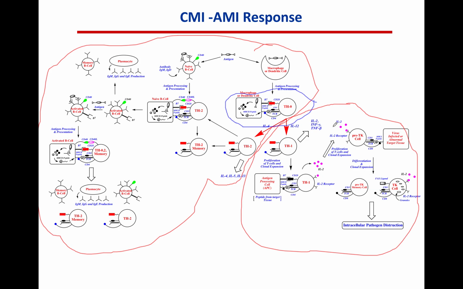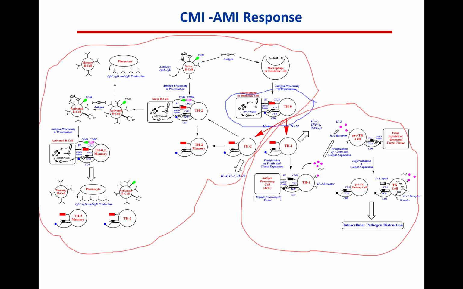And they can be both. You can have both occurring. For example, a Th0 cell, if it's an effector cell, can go the way of a Th1 cell. If it interacts with antigen processing cells that are presenting peptide from soluble antigens, it could induce an IL-4 response and therefore produce antibody.